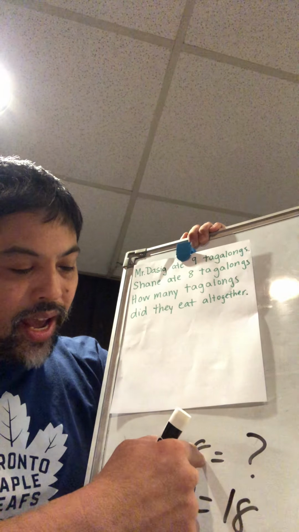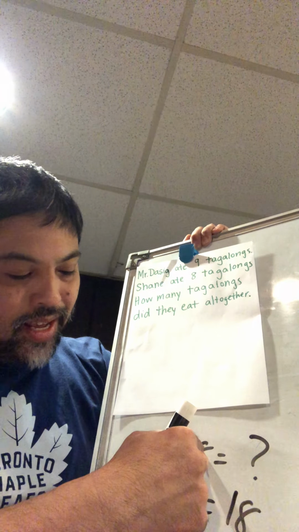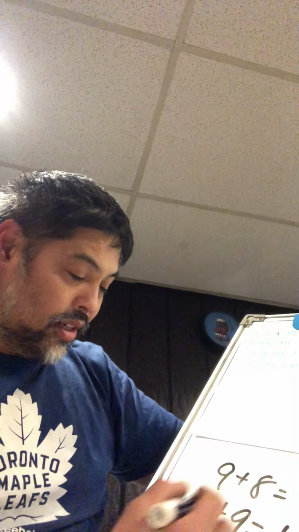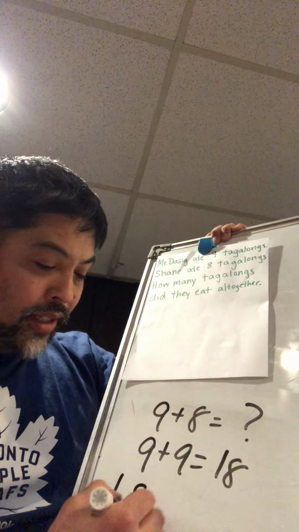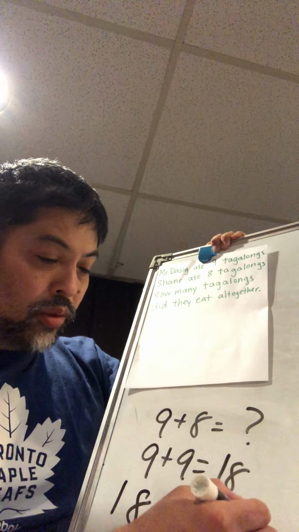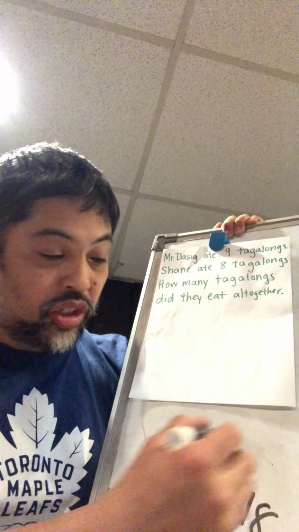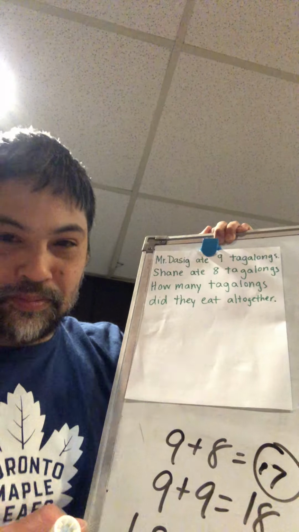I had to add 1 to 8 to get 9. So I'm doing 9 plus 9. You see that? All right? So now, whatever I add on, I got to take away. So 18 minus 1 equals 17. They ate 17 Tagalongs altogether. It was tasty. Trust me.